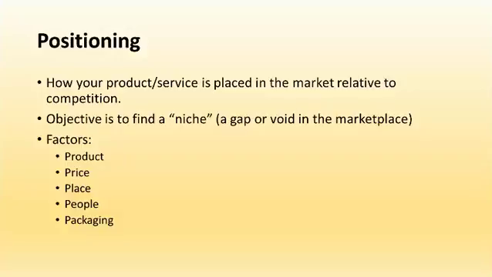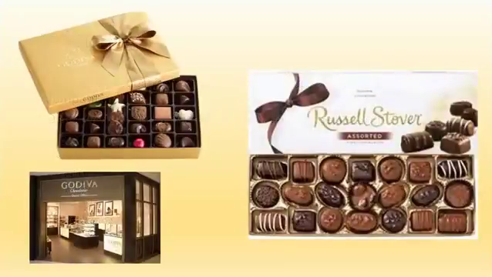Now, we're going to look at this first example dealing with two types of candy. We have Godiva, which is a popular candy, kind of upscale, and you can notice that in its packaging.